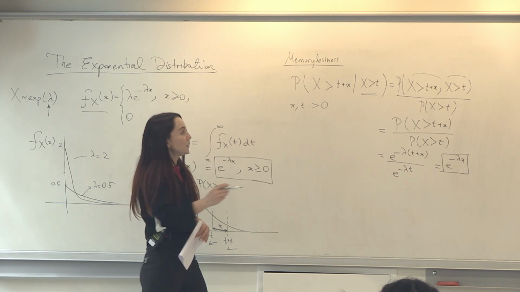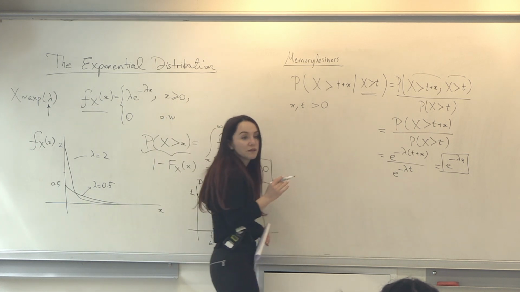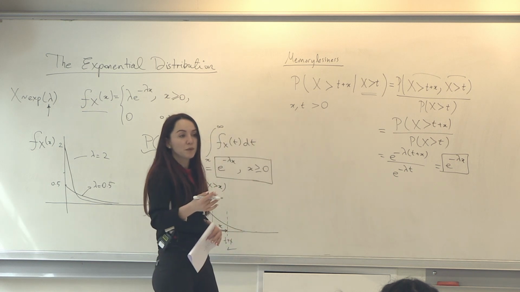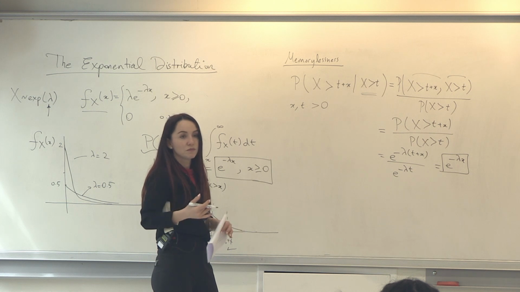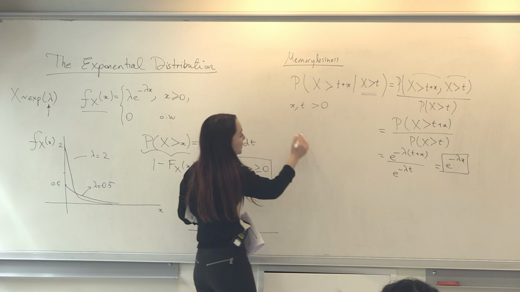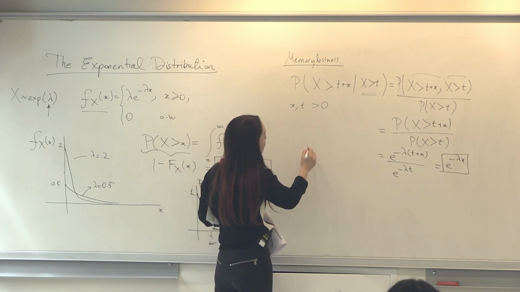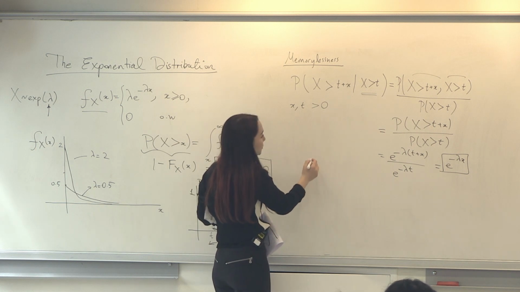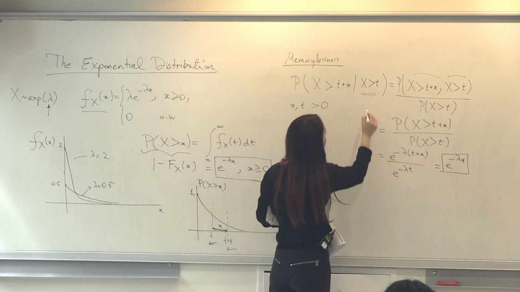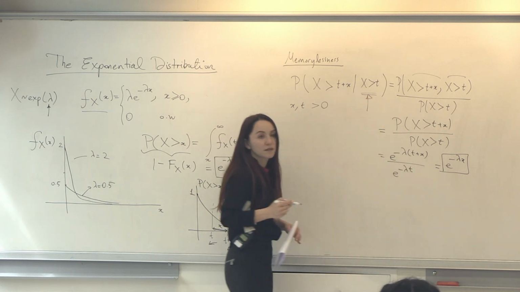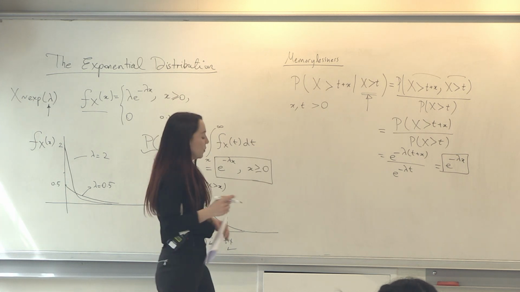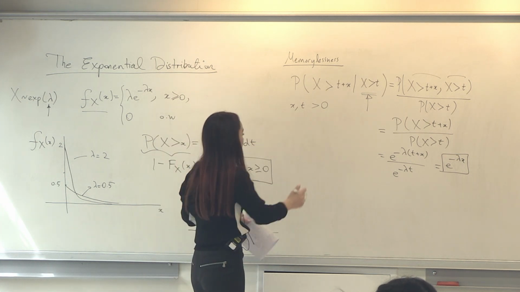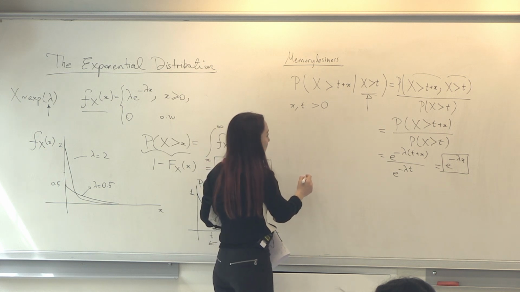It doesn't really matter how much you waited. It's like going to the bus stop and waiting from the first place. So this is why it's called the memorylessness property. The past does not matter. Right, okay. So returning to the example with the bus.